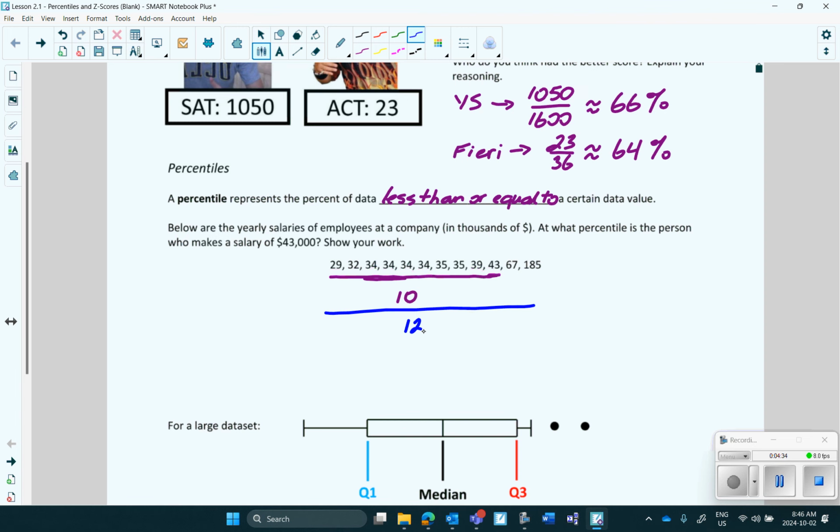So to find the percentile, we would do 10 out of 12 and round it to the nearest whole number percent. Okay? And we would get approximately 83%. And the way that we state it is we say this salary is at the 83rd percentile.